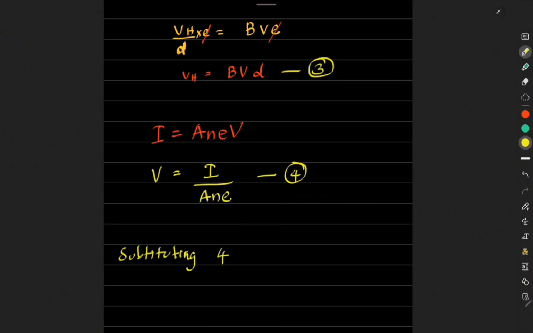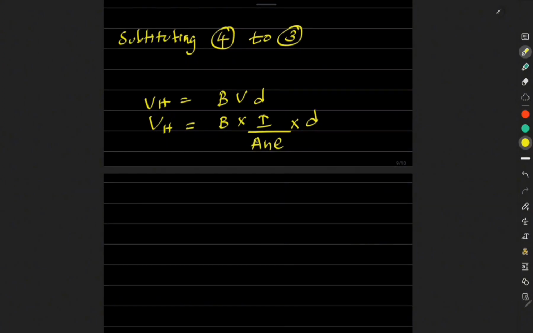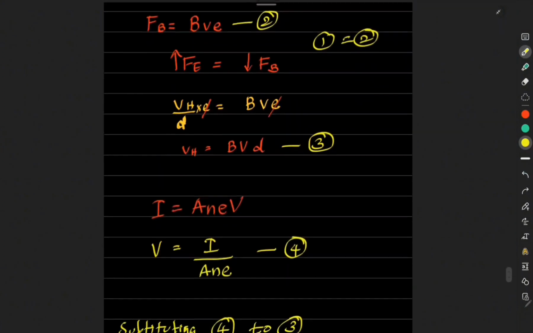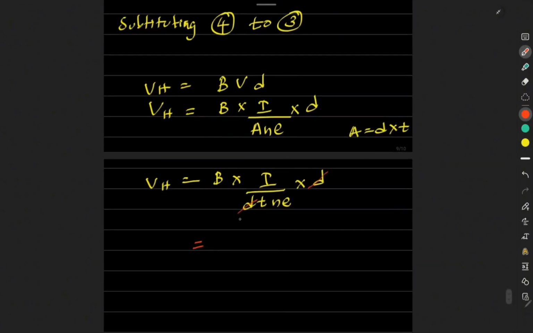Substituting 4 into 3, VH equals B v D, so VH equals B into I divided by A n e into D, and this area is equal to D into T. So VH equals B I divided by D T n e into D, and the D's cancel off, and the final VH equals B I divided by n e T.